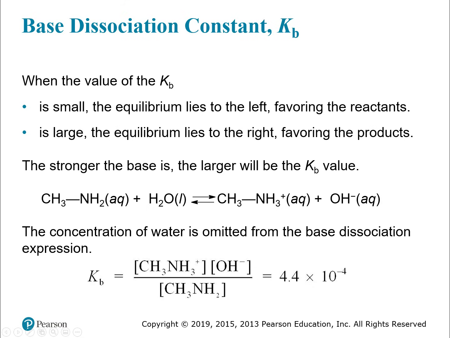Now there's a Ka, there's also a Kb, because we can talk about bases, and bases can be weak or strong. The dissociation constant, the same rules apply. When you have a small Kb, the equilibrium lies to the left, and that favors the reactants, which means undissociated base.